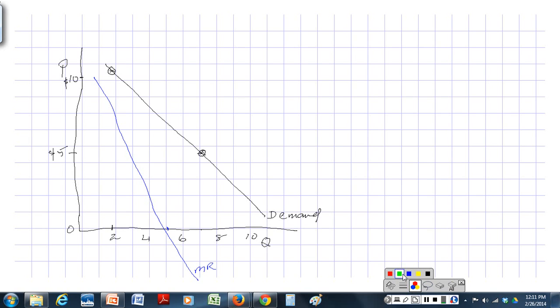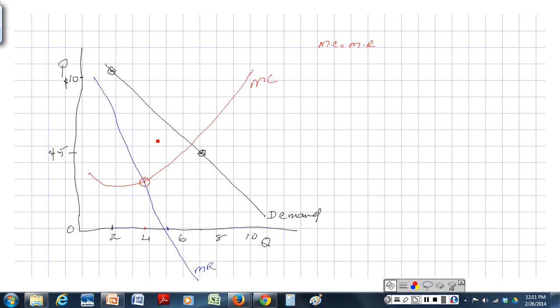Then we can use a different color line. Let's say marginal cost goes something like that. Then our cardinal principle is always, when marginal cost is equal to marginal revenue, you should stop. So marginal cost equals marginal revenue is right about here. So this is the production they would make, about 3.8 units or so.